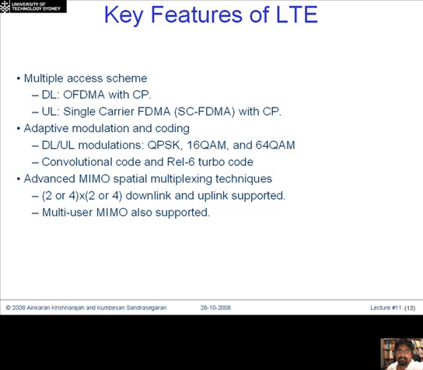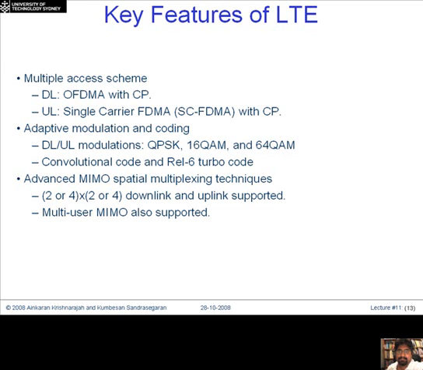Another feature of LTE is something called MIMO, and I briefly talked about this earlier when we were looking at evolution. This is essentially the idea of using multiple antennas at the transmitter and the receiver. So you can have something like 2x2 or 4x4.